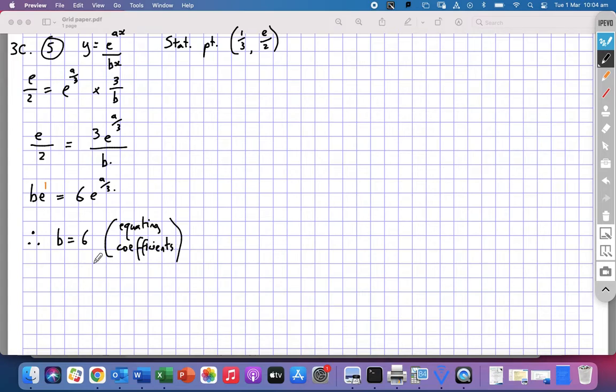Yep, that's right. And therefore 1 needs to equate to a on 3 if I'm equating the powers. So if that's true, then a must be 3 to make the 1 that we're looking for. I think that would be reasonable.